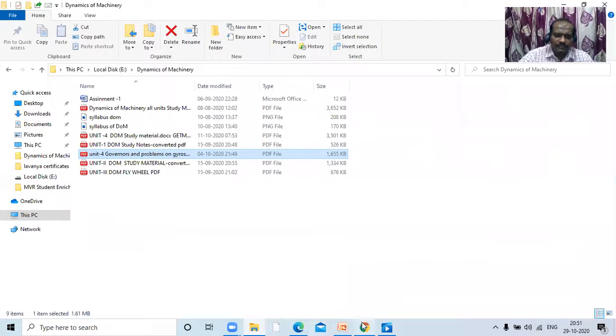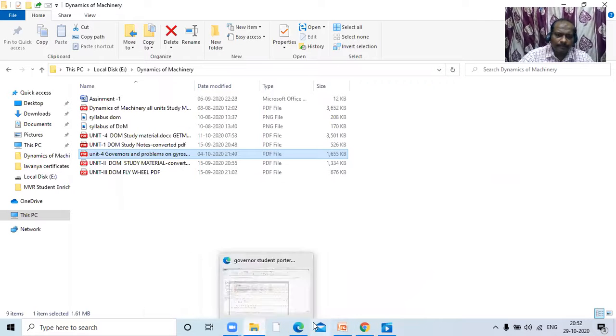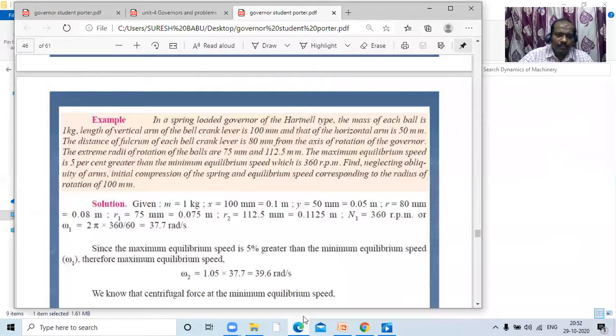Let us have the discussion of this. Already I told the aim of the class is to differentiate between the flywheel and the governor and to solve problems on the governor.